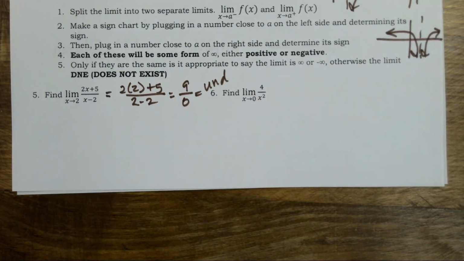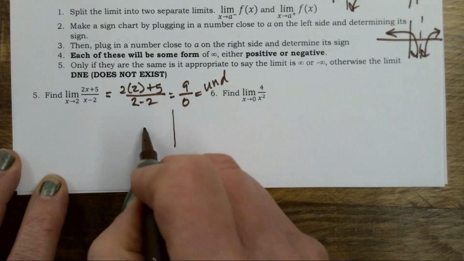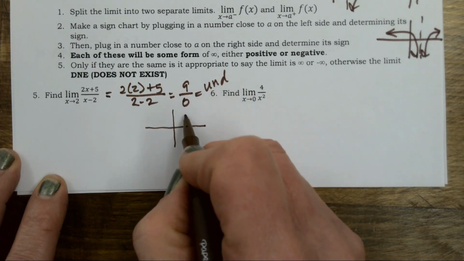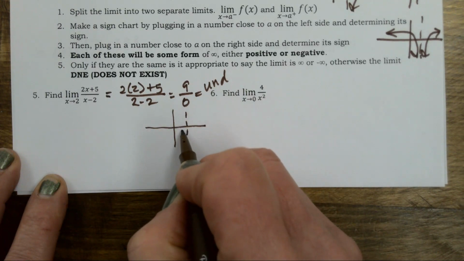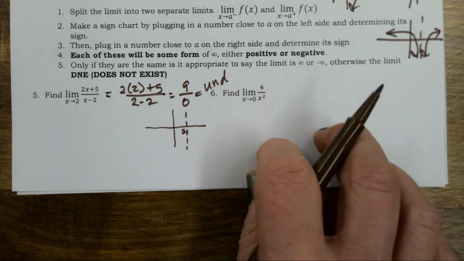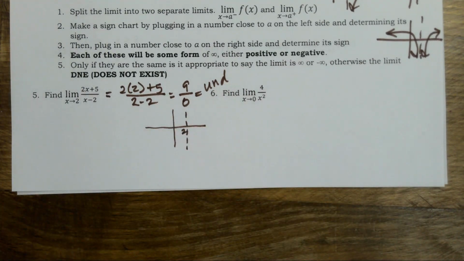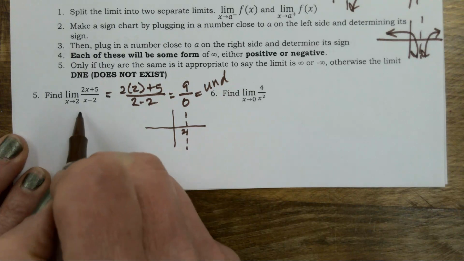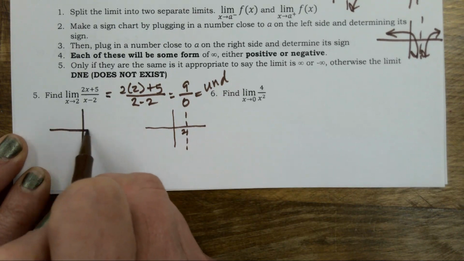So what this means to me again is if I were to graph this at 2, I have an asymptote blocking the graph from getting there. I want to see what's happening on the left-hand side and what's happening on the right-hand side. And so what I do is I make a little table. Tiny little table.